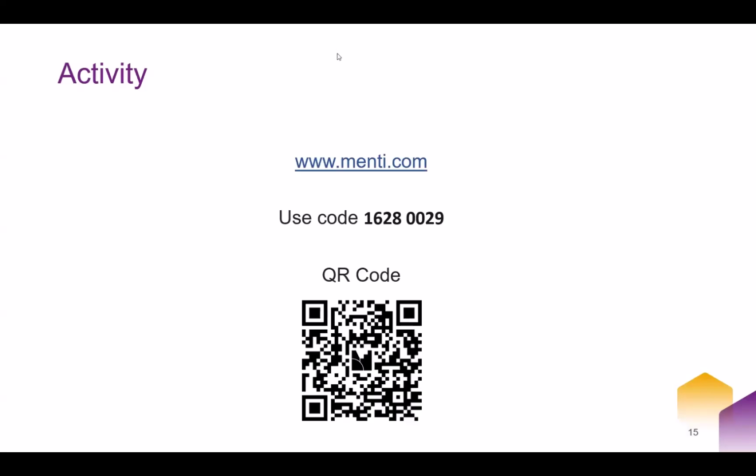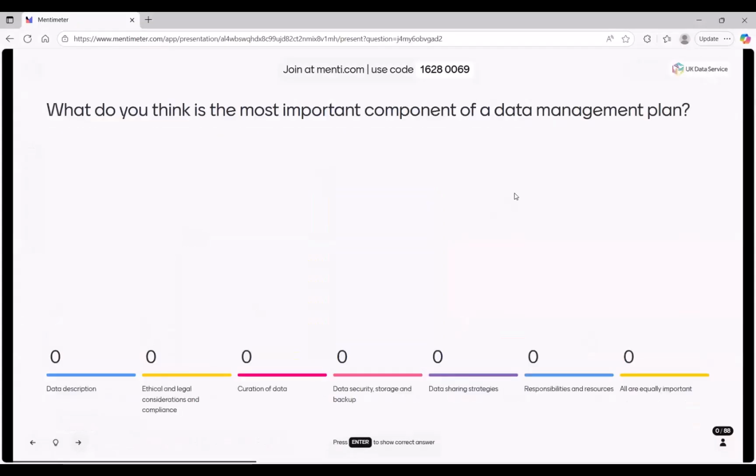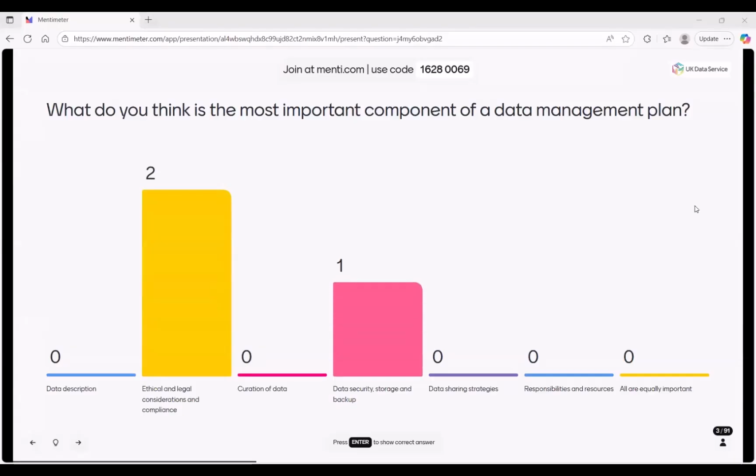Thank you, Gail. Gail has added the code into the chat. So what do you think is the most important component of a data management plan?